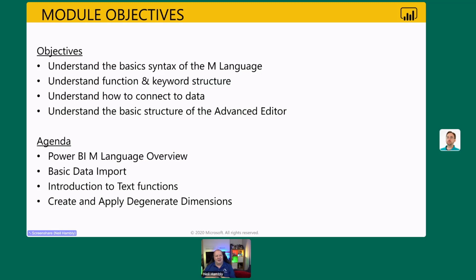I'm going to show you how we manipulate the processes, the steps we're going to do, the transforms in the sequence, and how we can do that very easily with the advanced editor, and play a few tricks on Power BI as well. So overall, we're going to show you some of the functions, and we're going to create maybe some degenerate dimensions here, where we take a dimension and make it a bit more fit for purpose.